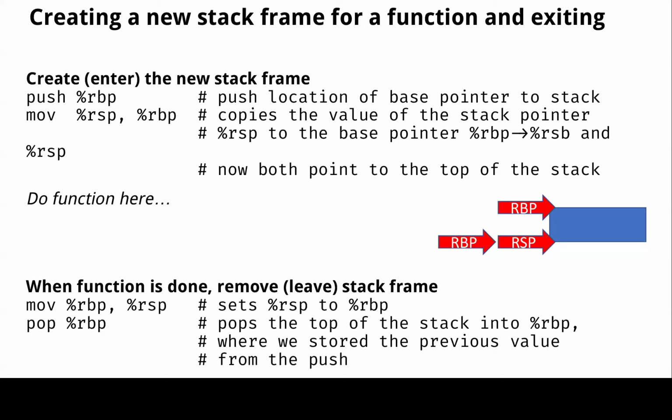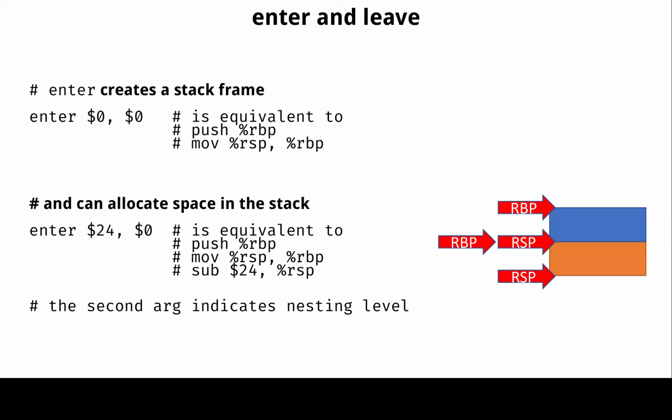What we do is we first move RBP to RSP, okay? The current RBP was set at this step. Then we're going to move RBP to RSP. Then we're going to pop RBP. So basically, whatever RBP points to, we're going to pop that. Then there will be another return instruction for us to return to where we started.